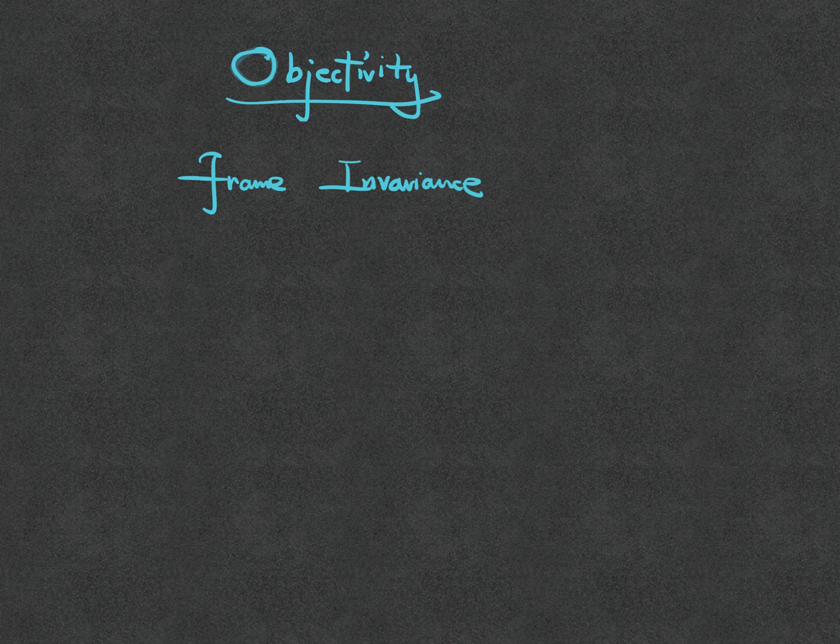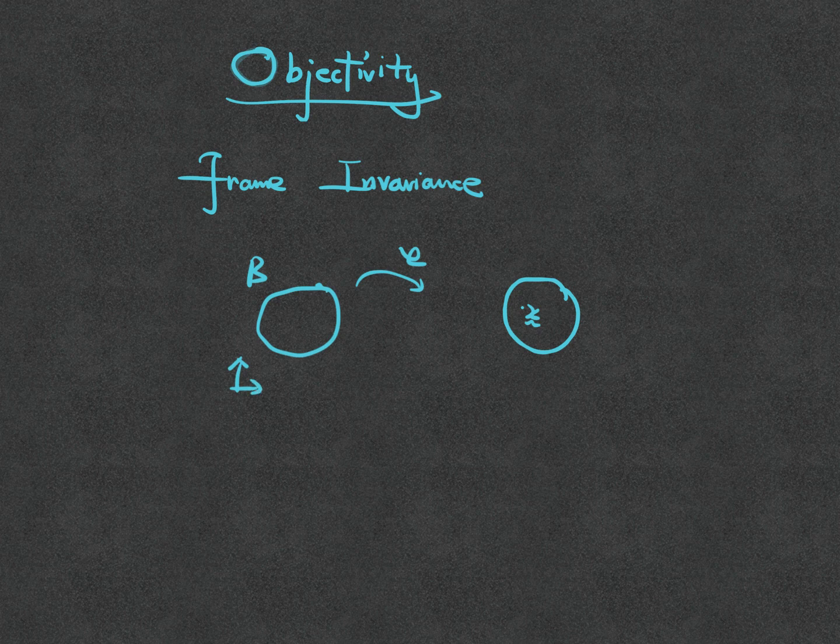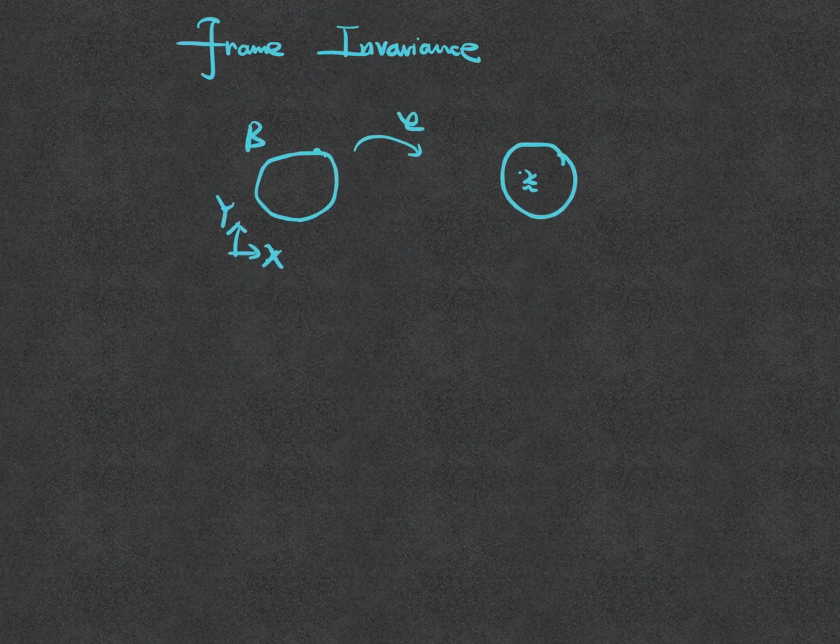Frame invariance, okay? What that means is the following. If I have an object, B, that undergoes some deformation, and I describe it with some coordinate system, okay? Now I describe the same process, but with a new coordinate system.